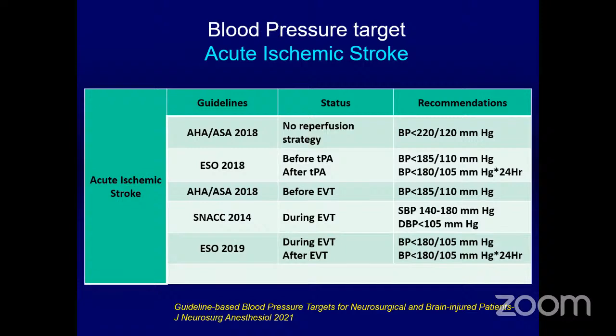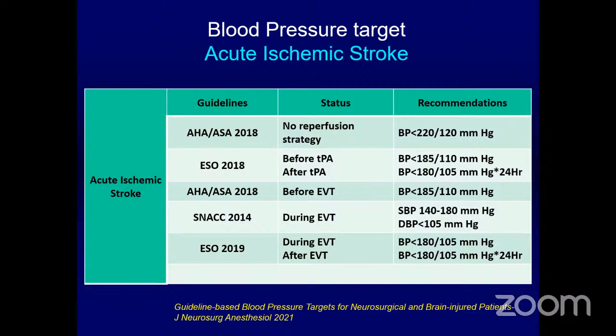So you'll find a lot of difference in whatever parameters that are shown, the recommendations. Like one talks about less than 220 by 120, others talk about 185 by 110, after therapy 180 by 105, whereas during endovascular treatment, the systolic is told to be maintained between 140 also, much less than 180 that we saw above, and the diastolic less than 105.